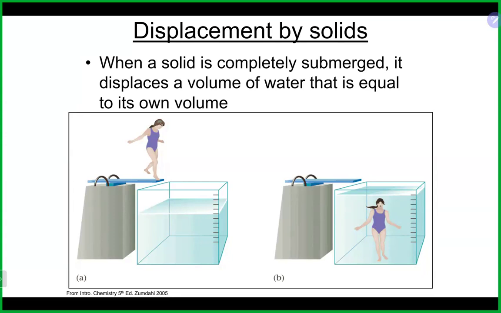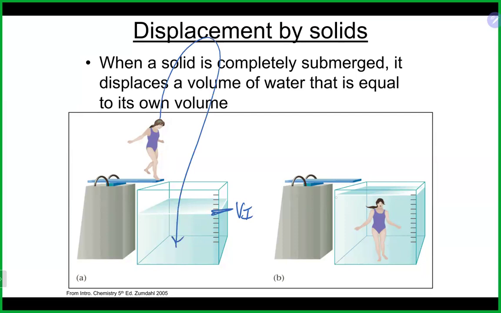Volume by displacement means that if you put a solid object into something like water or liquid, the volume it displaces is equal to its own volume. So before she takes a dive in here, we have a certain initial volume of water in the tank. She dives, feet first, hopefully.